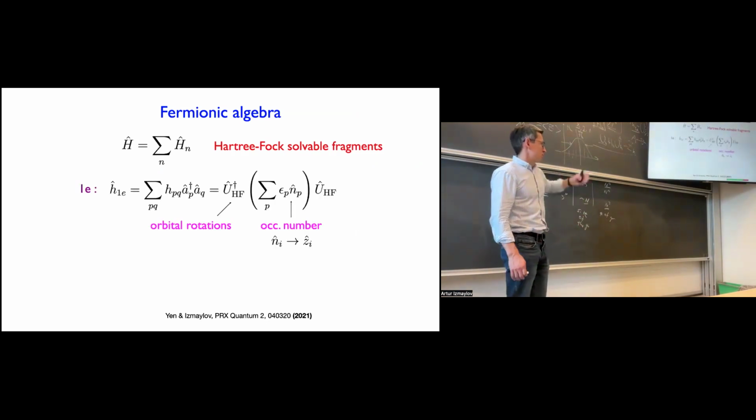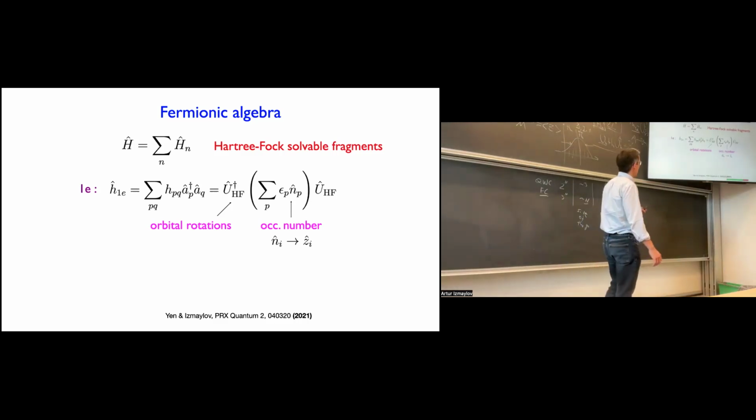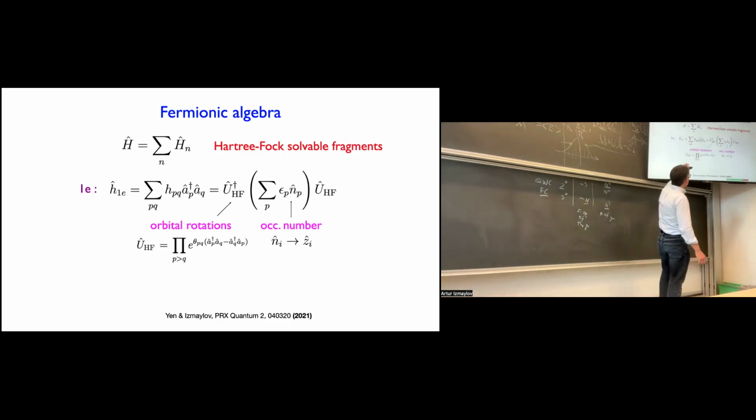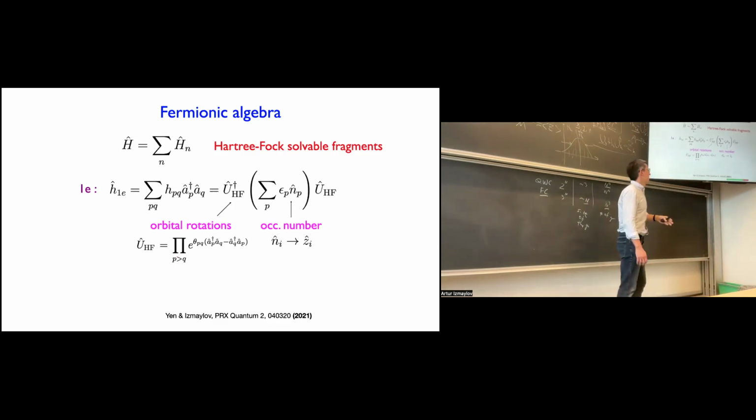To give a simple example, which I already pointed out, any one-electron operator could be rotated into a linear combination of occupation numbers, and when we go to the qubits, they all turn to Zs, right? The reason for that is we could use orbital rotations. They form a small Lie group, small compared to the exponentially large S2n, right? This one is just polynomial because the number of generators is just quadratic.